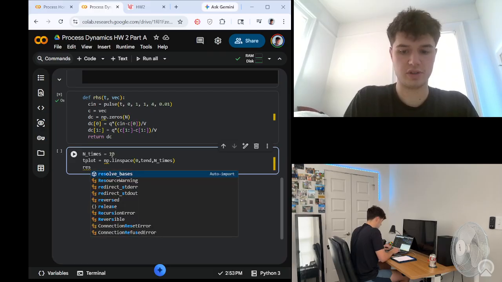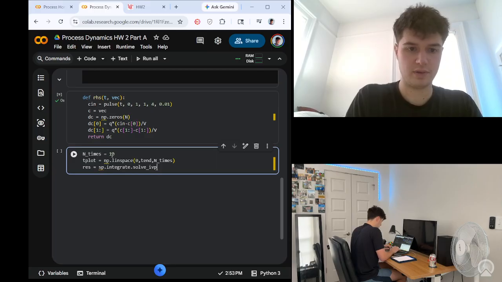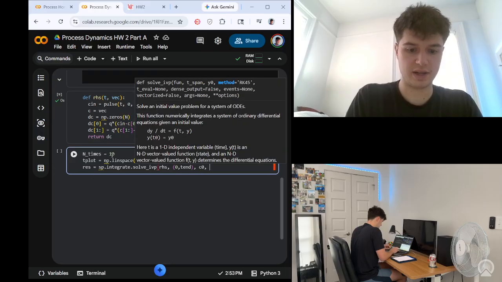And then next we're going to want res equals, now this comes the integrate part, which will be doing the math for us to help create these matrices. sp.integrate.solve_ivp, which we have used before. And we're going to do the right hand side, 0, 10, C out, which is obviously the values that we've been trying to find.